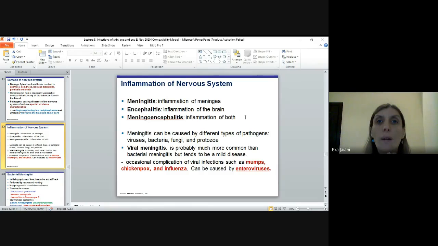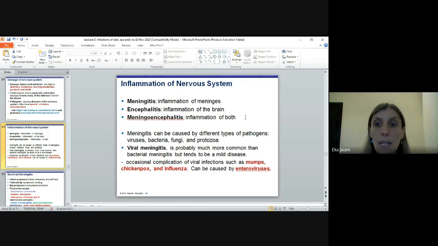Also, viral meningitis can be a complication of such infections as mumps, chickenpox, also measles, and some enteroviruses can also cause meningitis.